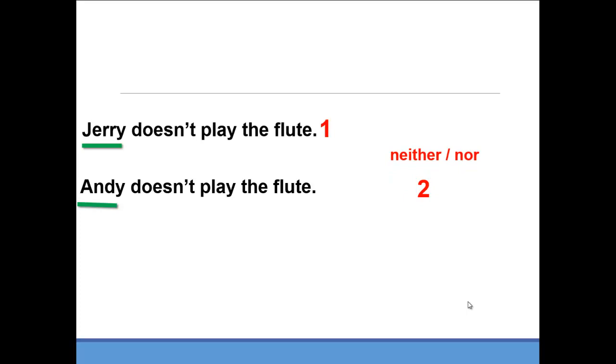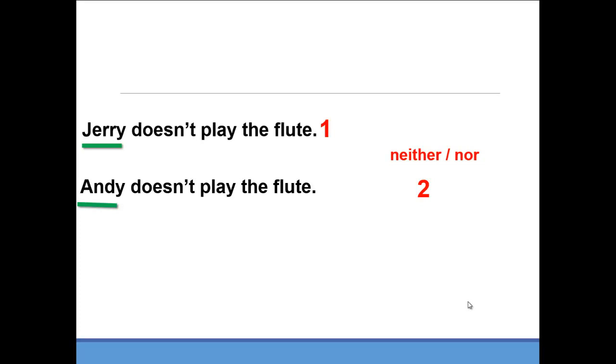When I use the conjunctions neither nor, I use them to show that two things or two options are not true or are not possible. Jerry doesn't play the flute. Andy doesn't play the flute. So here we have two ideas that are not possible.